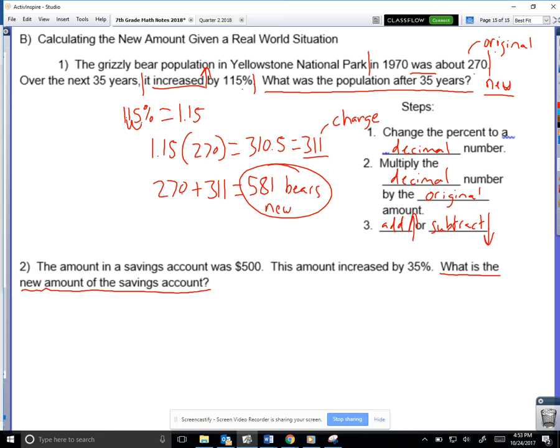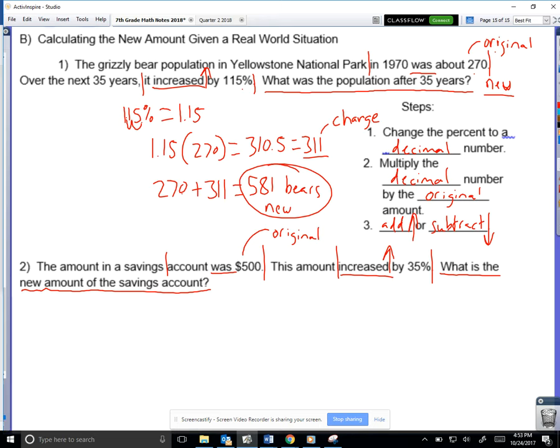It's going to increase by 35%. Get your math facts here in some brackets. The account was 500. Was is your key word. That is going to be the original amount. And then it increased by 35%. So we got an increase. That means it's going to go up, and it's going to go up by 35%.